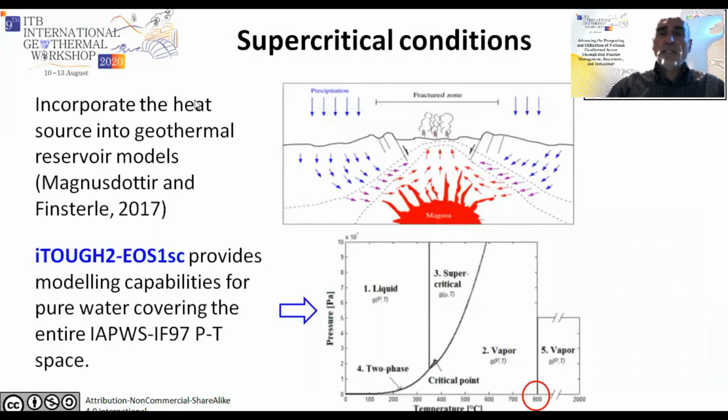Actually, supercritical conditions can be modeled already by TOUGH2 EOS1SC, which provides modeling capabilities for pure water covering the entire PT space of the IF97 correlations.